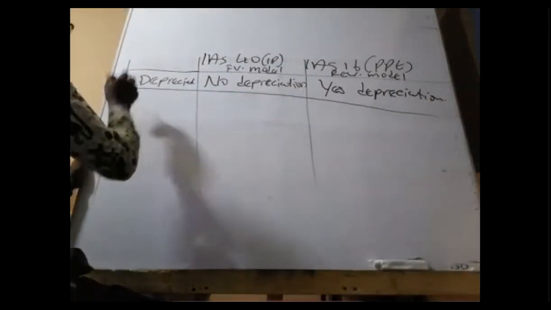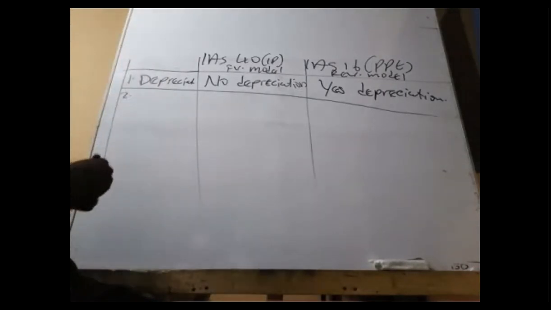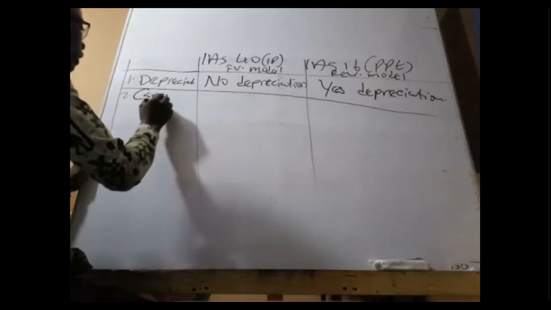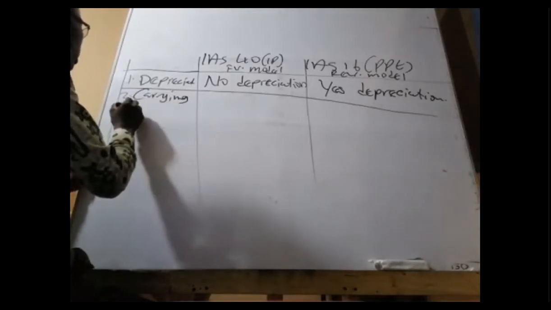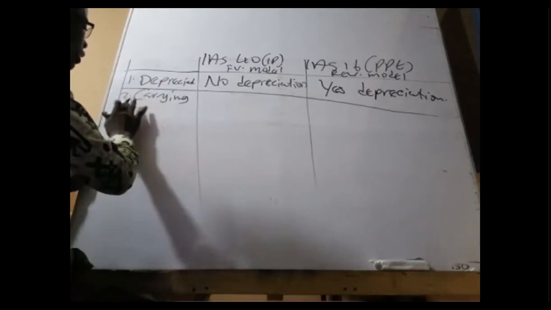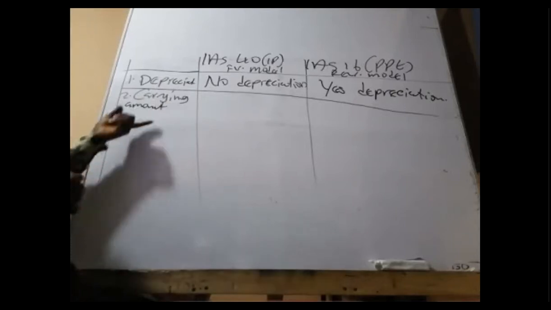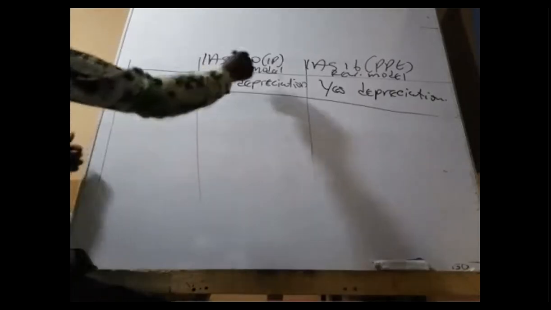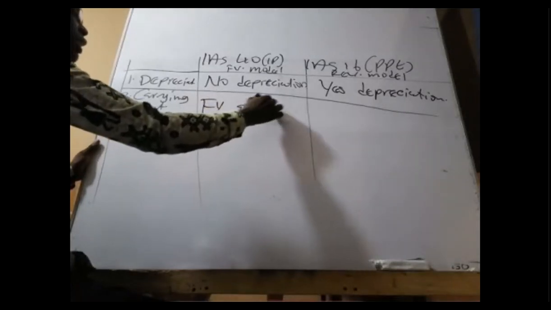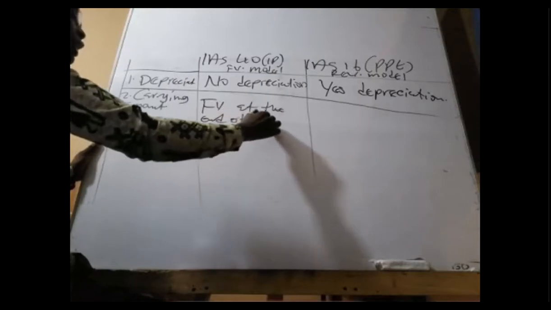Number 2. How do you find the carrying amount? So how do you calculate the carrying amount? Giving you the distinguishing features. Under the IAS 40, the carrying amount is equal to the fair value at the end of the reporting period.